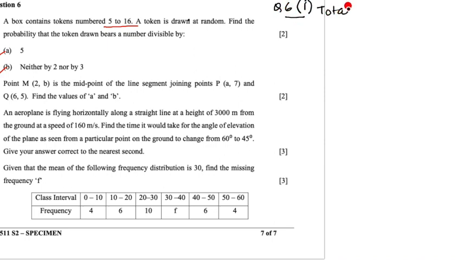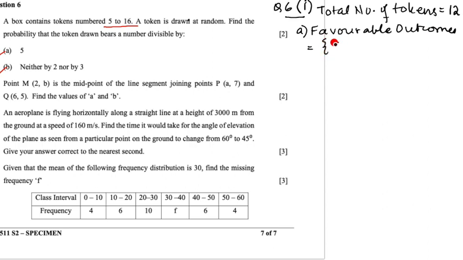The total number of tokens will be from 5 to 16, counting both, that will be 12. We have to find the probability of the token divisible by 5. So the favorable outcomes, within brace brackets, you will have to write 5, 10 and 15.